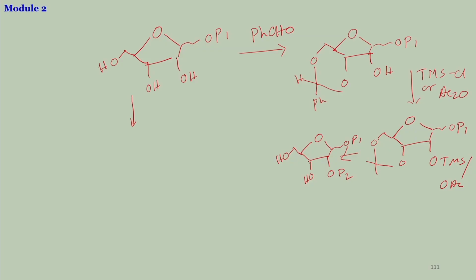A slightly more advanced technique is that you use a silyl compound, specifically TIPDS chloride. I will show you the structure. It is a crowded compound.